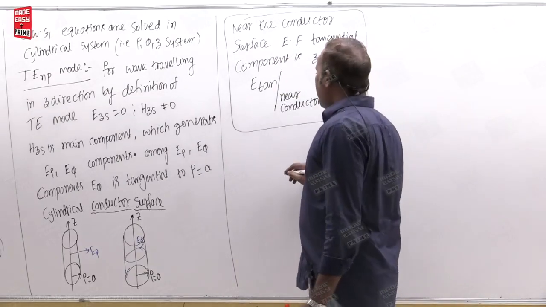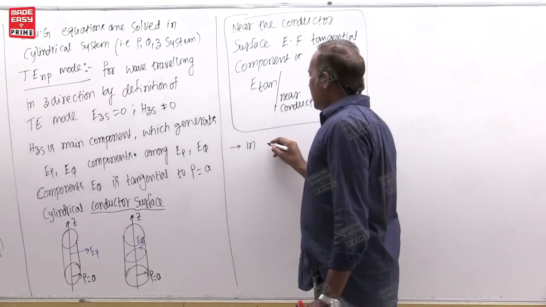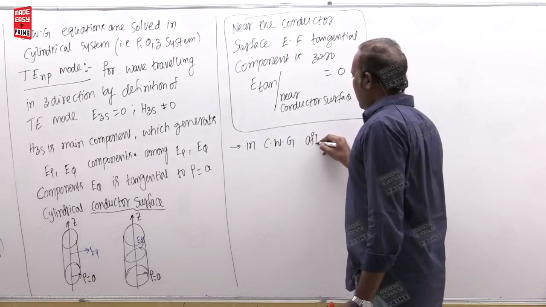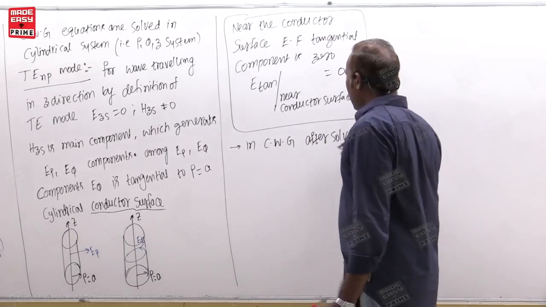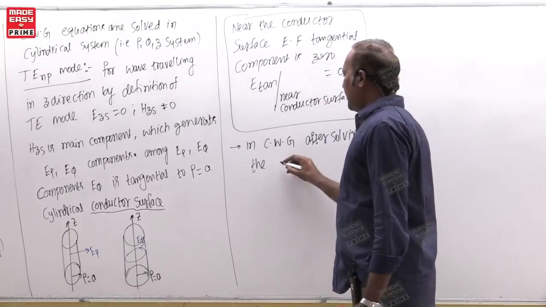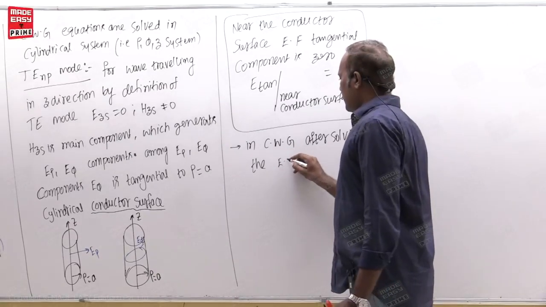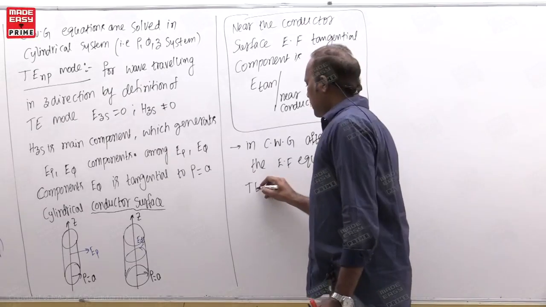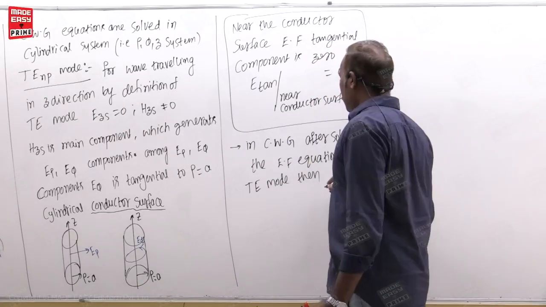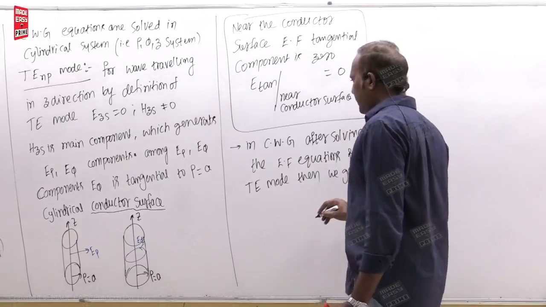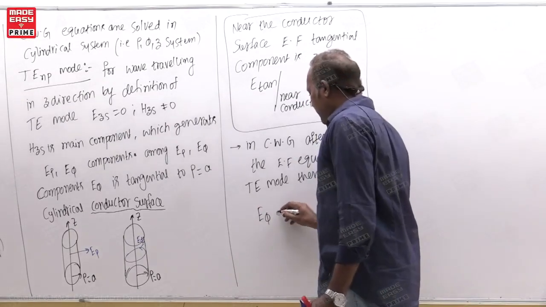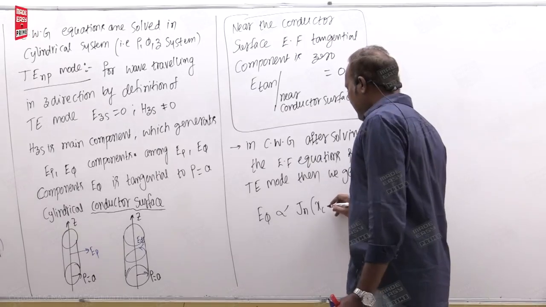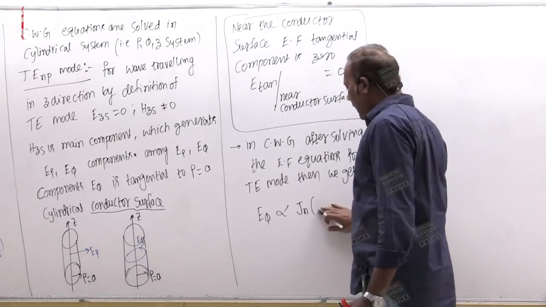Okay. So now in circular waveguide, after solving the electric field equations for TE mode, we get the electric field phi component proportional to Jn of kc rho, or otherwise beta c rho.